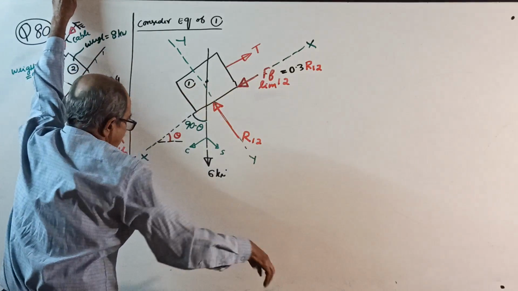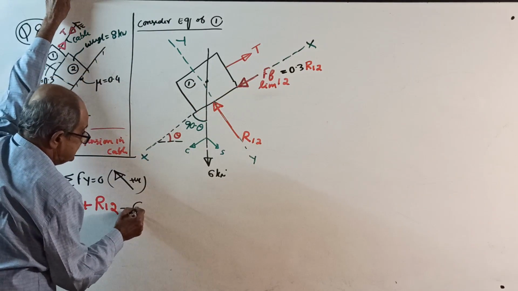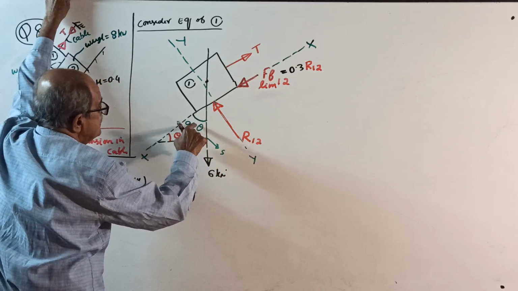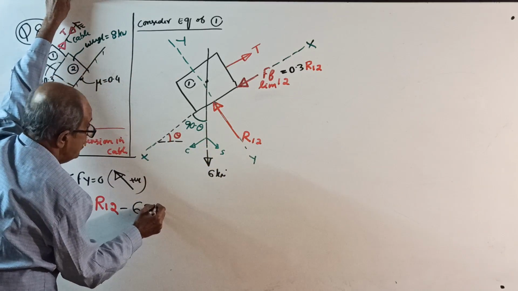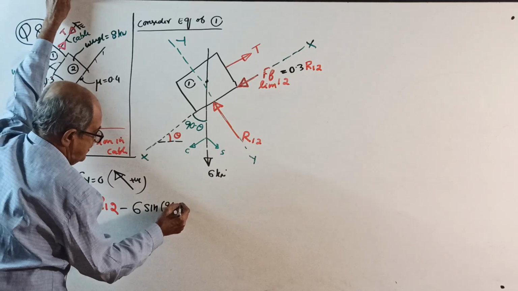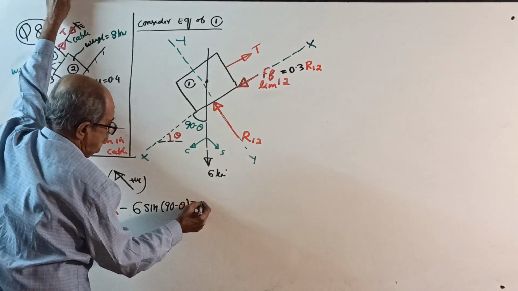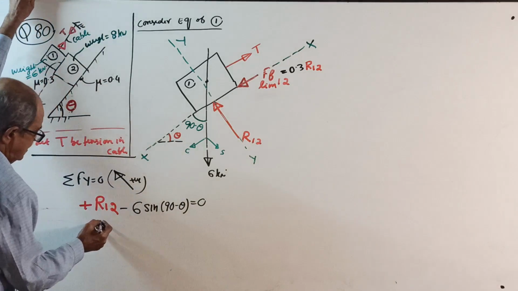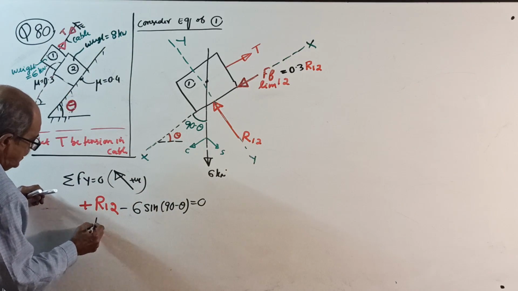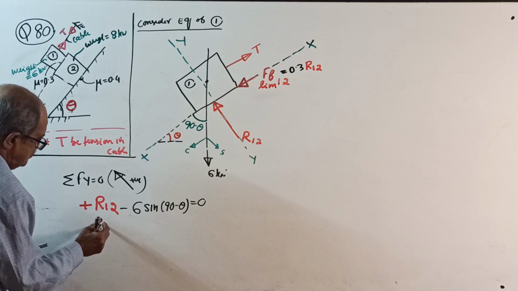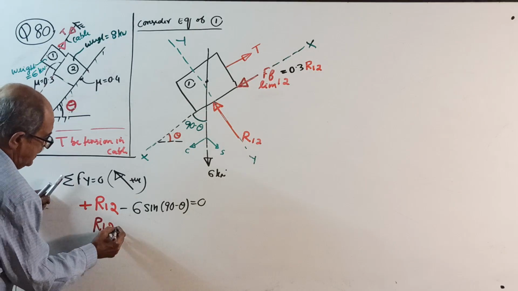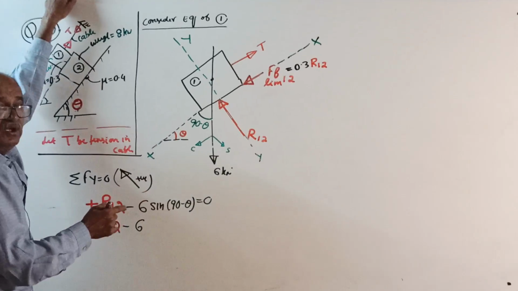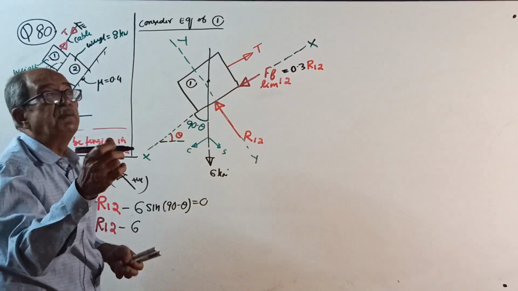Then minus 6 into sine of 90 minus theta equal to 0. Or R12 minus 6 of, you should know that. Oh, something happened there, one minute.